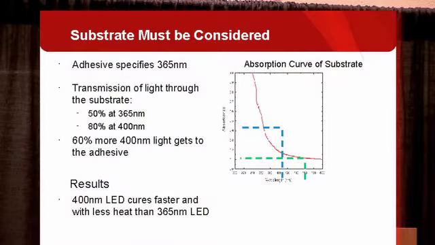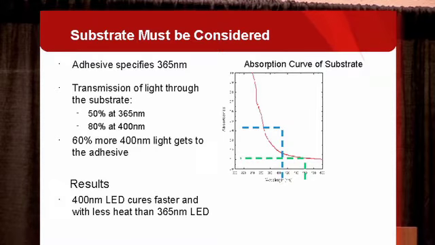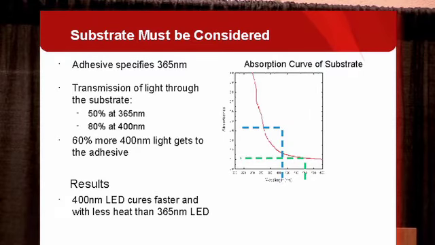But when we actually went and tested the transmission of light through the plastics, we found that at 365 nanometers, the parts being cured were actually absorbing about 50% of the 365 nanometer energy. So only half the energy was actually getting to the adhesive. Whereas at 400 nanometers, you're now getting about 80% transmission of the light.